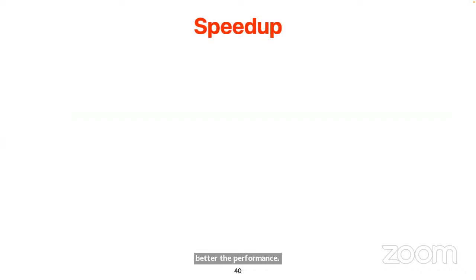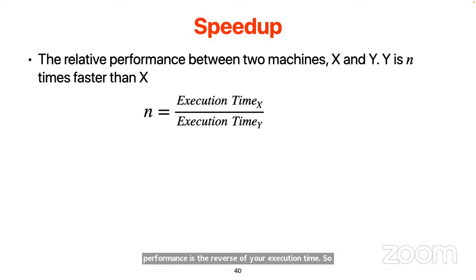So if we want to say performance of y over x, the speed up of y over x is the performance of y over performance of x. But remember, performance is the reverse of execution time. So if you do performance y over performance x, what you end up with is execution time x over execution time y.